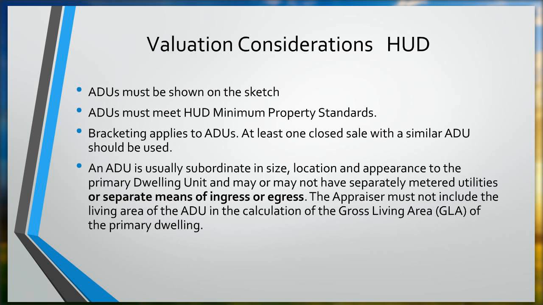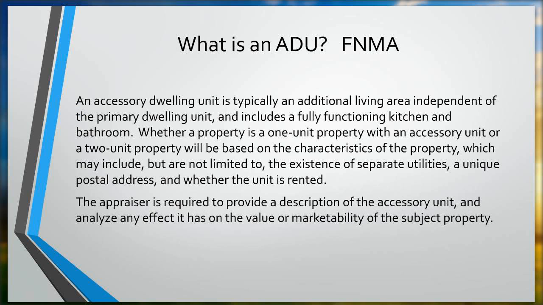And HUD notes that an accessory dwelling unit should normally be subordinate in size, location, and appearance to the primary dwelling unit, and may or may not have separate metered utilities or a separate means of ingress or egress. The appraiser must not include the separate living area of the accessory dwelling unit in the calculation of the gross living area in the primary dwelling. So you make sure that they're separate.